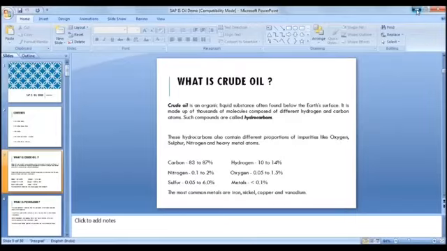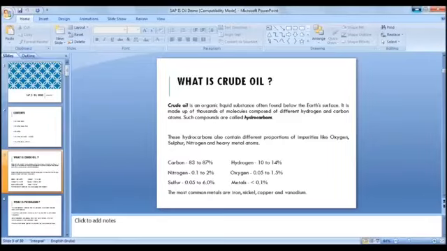Yeah, I can hear you. Okay. So the properties of oil include its density. Depending on its density, the API gravity comes into the picture. API means American Petroleum Institute. The different properties, as we discussed in the initial slide, depend on the different component combinations.